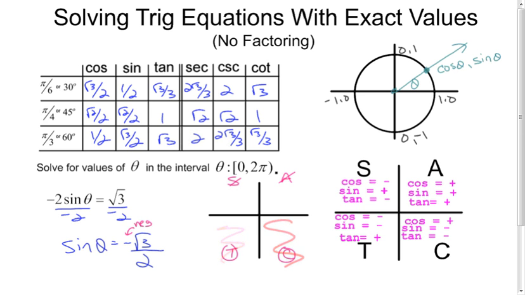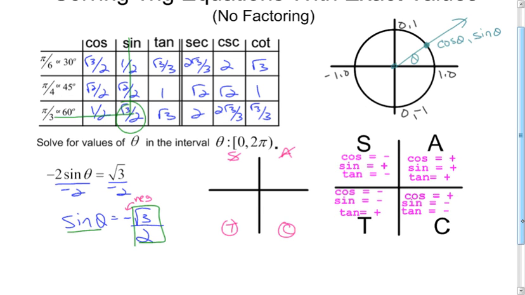The first quadrant's always important, though, in a problem like this, because it's where you get the reference. So if you notice here, I'm looking at the value √3 over 2, and I'm realizing it says sine, and I'm realizing that my reference angle is, in fact, pi thirds, also 60 degrees.